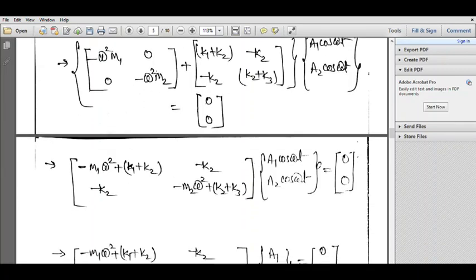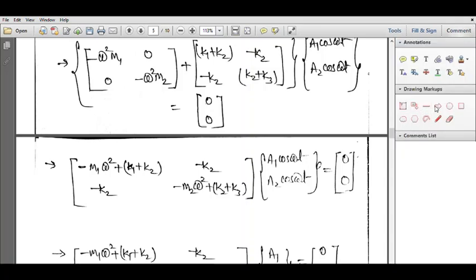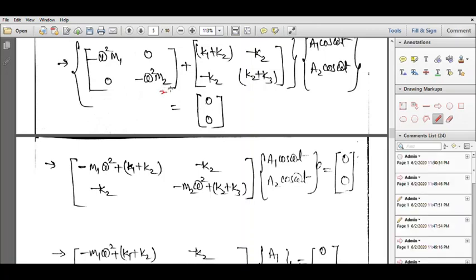Now the order of this matrix is 2 cross 2 matrix.